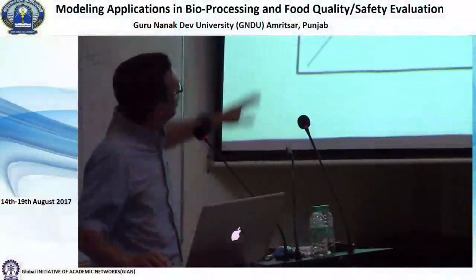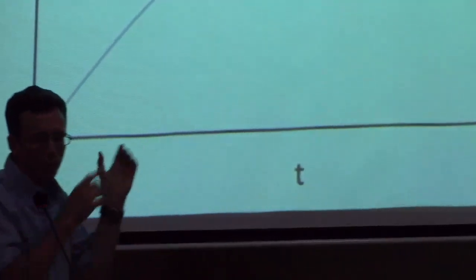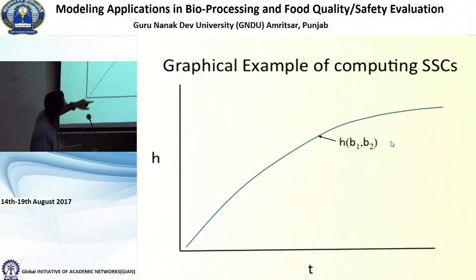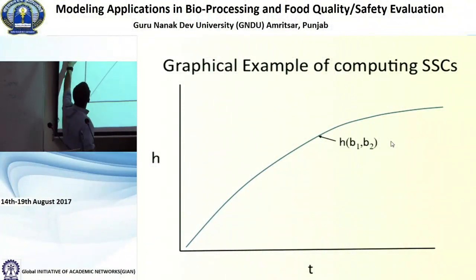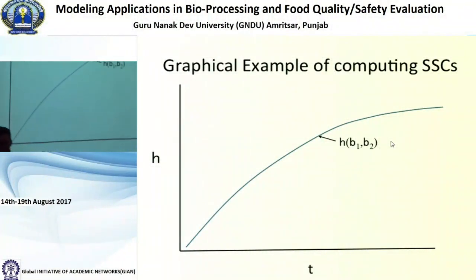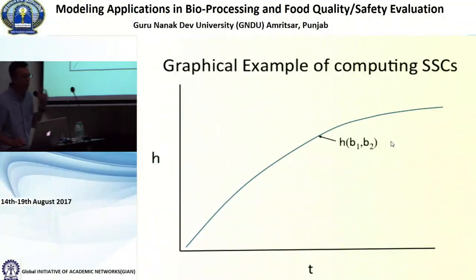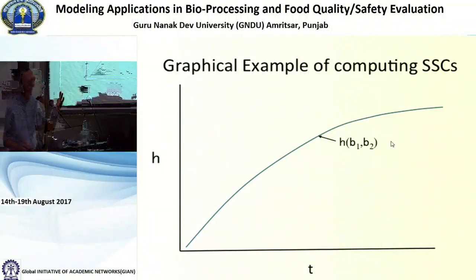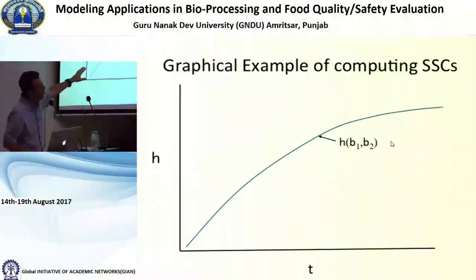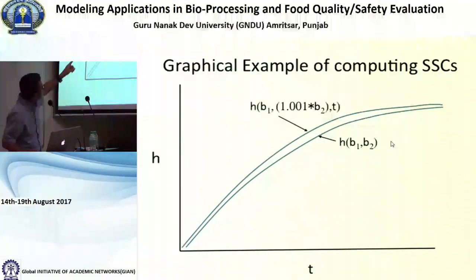Okay, here's a graphical. By the way, this H is supposed to be eta, but it didn't come up because of the font. So it should be eta. This should be eta, that should be eta. So if you don't perturb the parameters, you just hold them constant, this is your result. When you do a small perturbation on the second parameter, for example, then the eta is going to be slightly different.